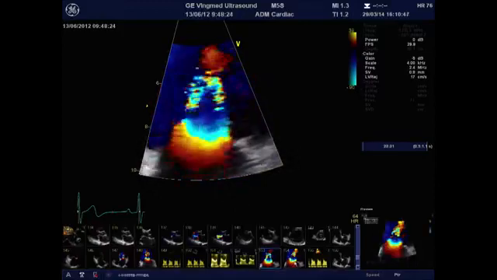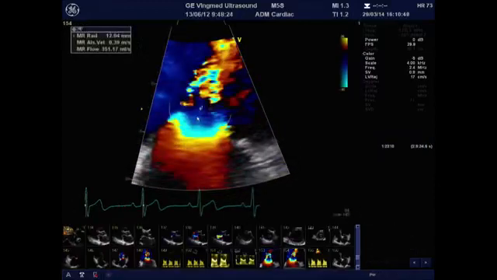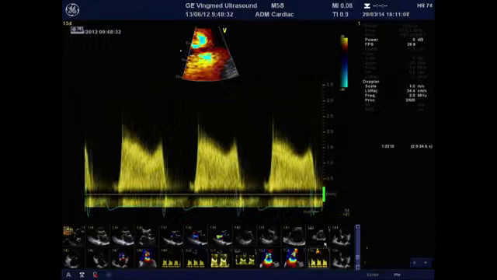Then you just stop your frame in mid-diastole, in the frame in which you clearly see the neck of the vena contracta and the very nice PISA radius that I have measured here as 1.2 centimeters, corresponding to an aliasing velocity of 39. And by also knowing the velocity time integral of the continuous Doppler flow, you can derive the functional mitral valve area.